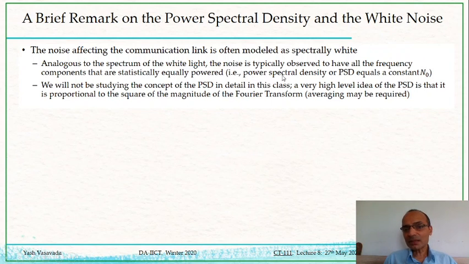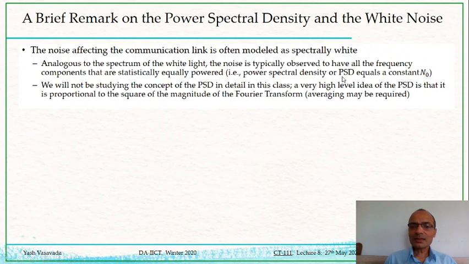How much power there is at a particular frequency is what the power spectral density tells you. And so white noise, unlike many other types of noise and definitely different types of signals, has the same power no matter what frequency you pick. And that power is this N naught.